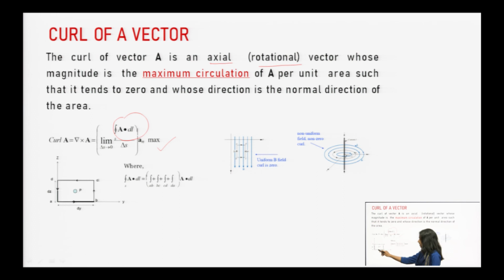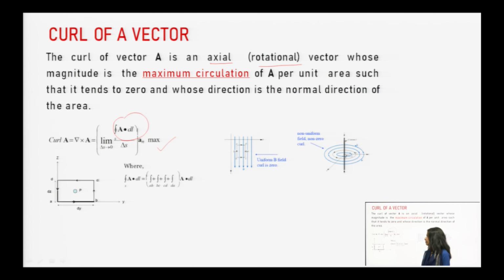For example, for this configuration there are 4 sides, so we need to consider the length of all the 4 sides individually, and later sum them up to find the total circulation of this configuration. Once we find the total circulation, we can find the value of the curl using this expression.